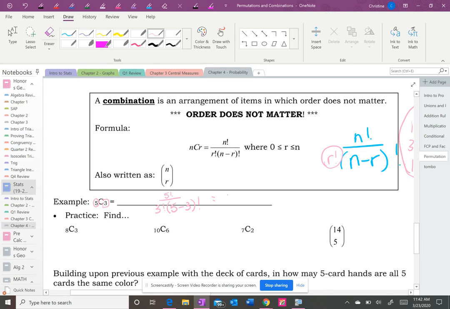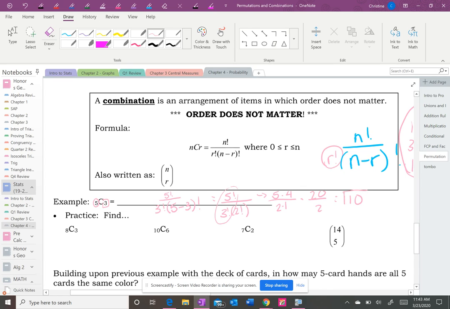So let's just simplify this. 5 factorial over 3 factorial times 2 factorial. I'm going to simplify the 5 and the 3. 5 factorial over 3 factorial simplifies to 5 times 4, and 2 factorial is 2 times 1. So you would get 20 over 2, or 10.